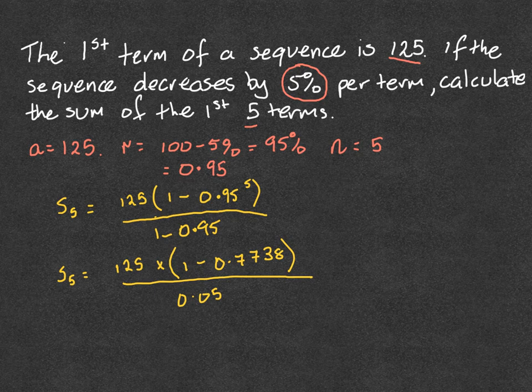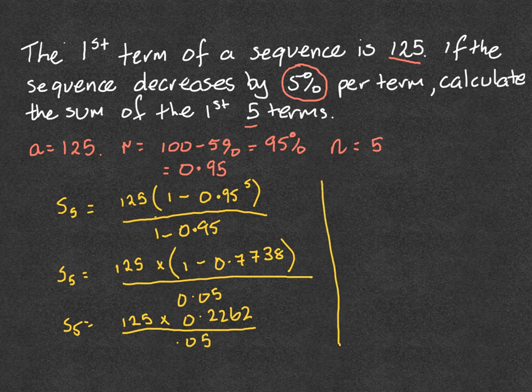So the sum of the 5 terms is 125 times 1 minus 0.7738, which is equal to 0.2262, all divided by 0.05.